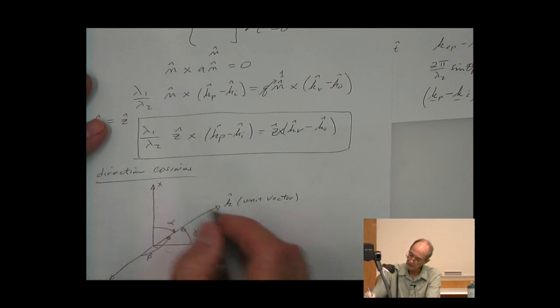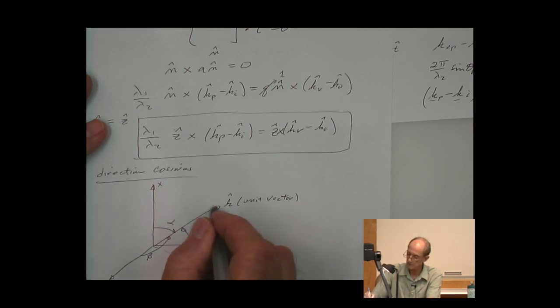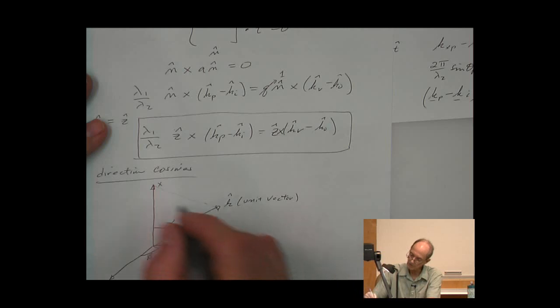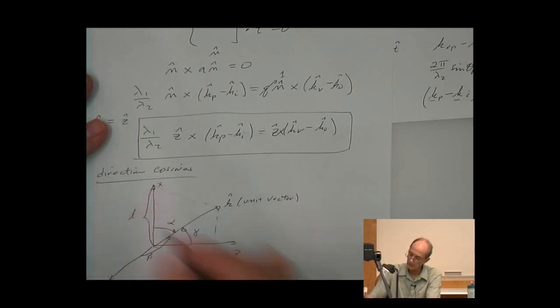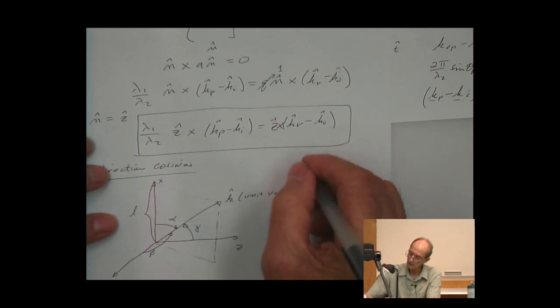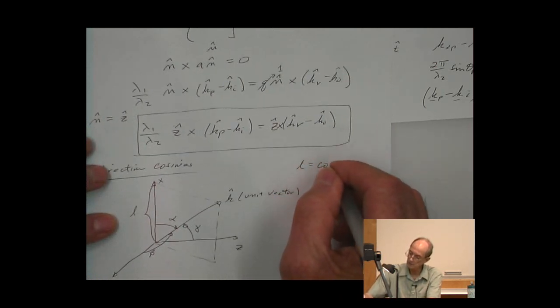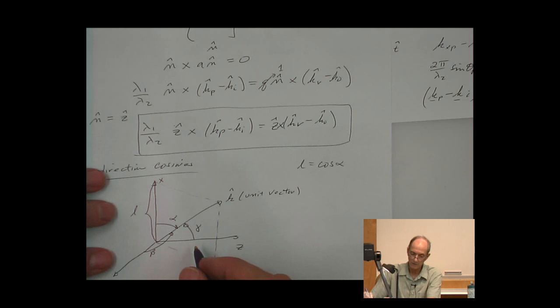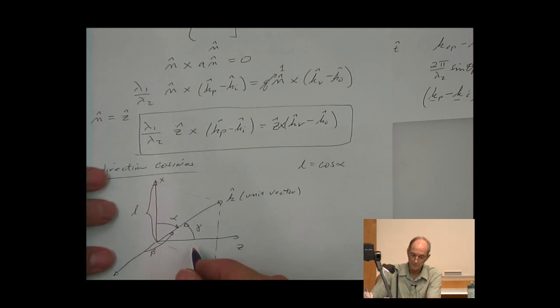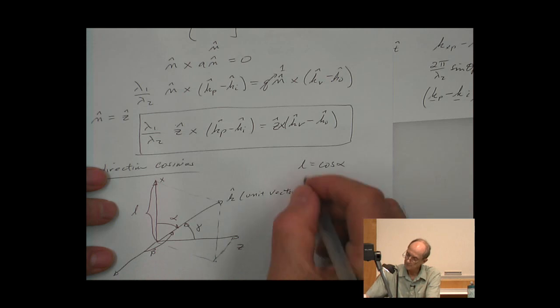So here, for instance, we may have a projection that goes parallel to this here, so it's going to go something like that. And so here we have L, and L is equal to the cosine of alpha, and then we have M, which is again going to be the cosine of beta.